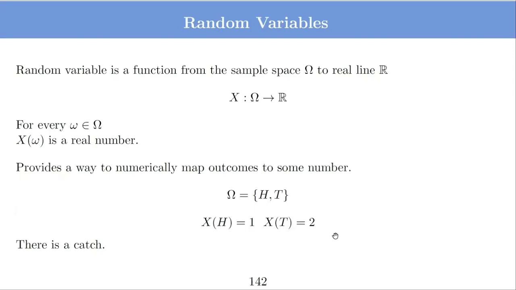Recall the function definition: if you want to define a function, you have to map every element of the domain to a unique element. So X(H) is 1 and X(T) is 2. One element should not be mapped to two numbers. So we have just defined these things.